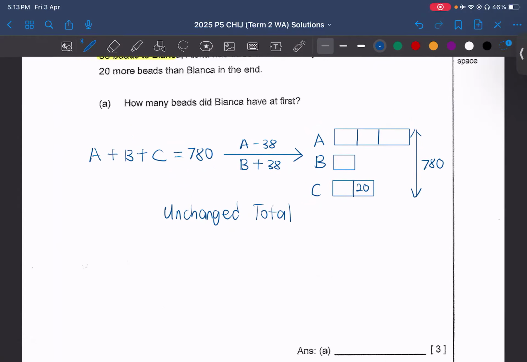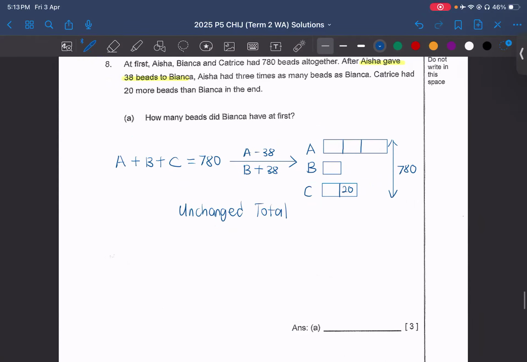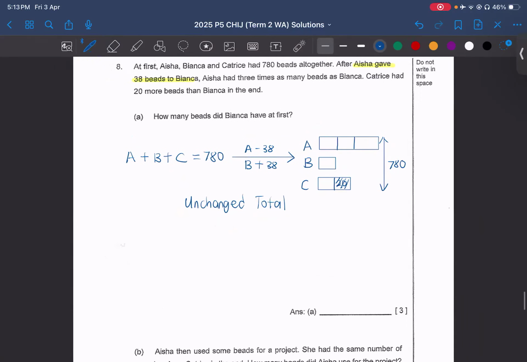If we remove the difference of 20 from Catrice, we would be left with 3 units for Aisha, 1 unit for Bianca, and 1 unit for Catrice, so a total of 5 units. 5 units would be 780 minus 20, which is 760.